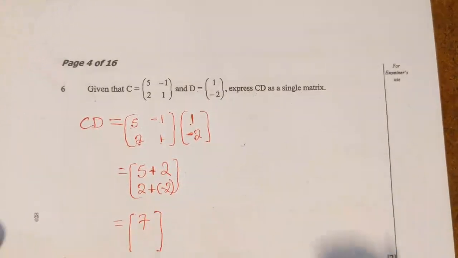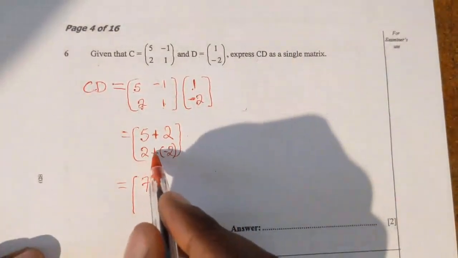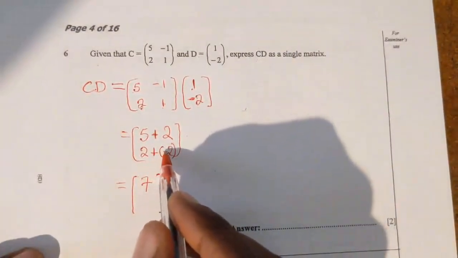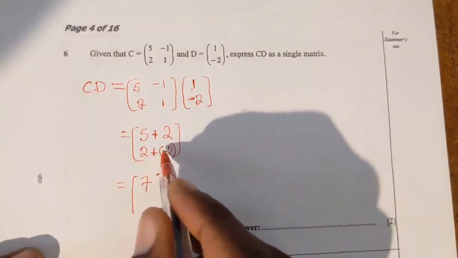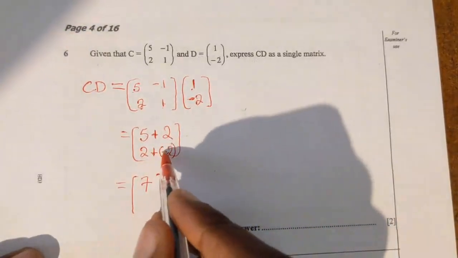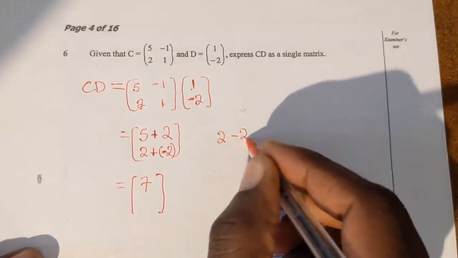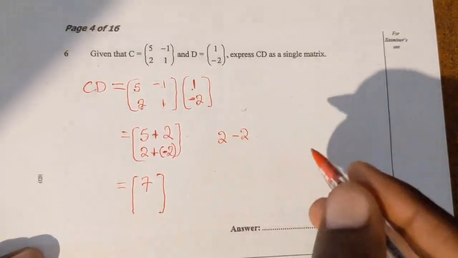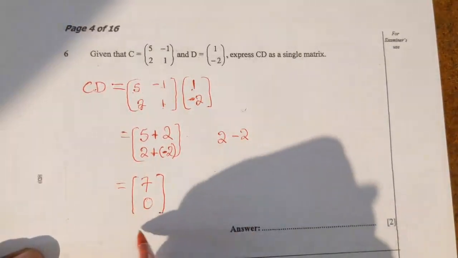Then this is positive and there is a negative here, so don't make a mistake on this. Positive times negative is negative, so we have 2 minus 2, which is 0. So you just put the 0 here.